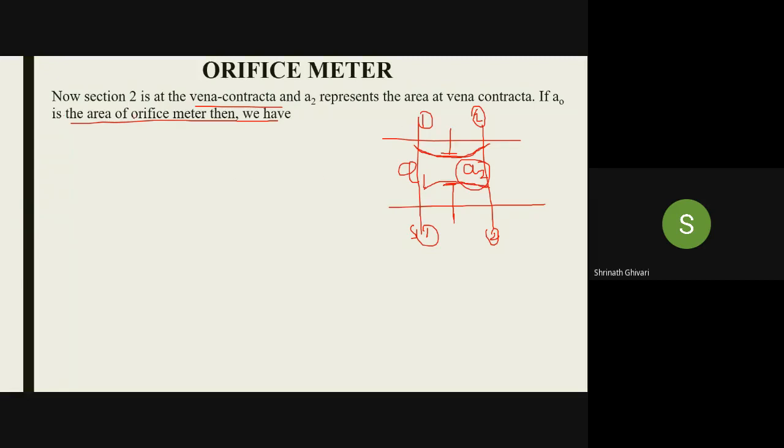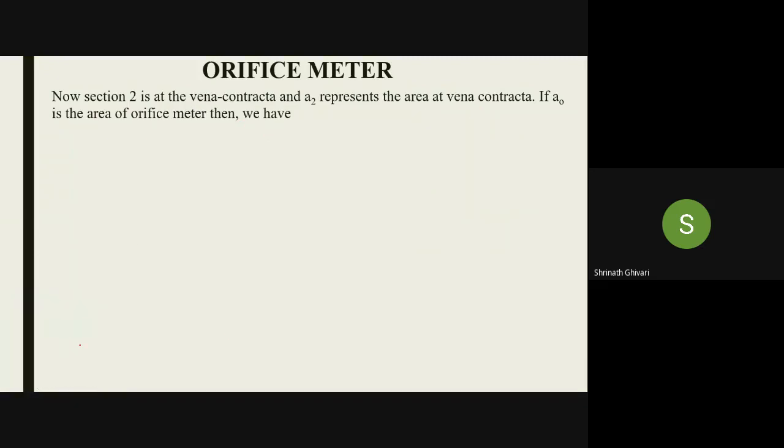If A0 is the area of the orifice meter, then we have Cc equal to A2 by A0. Cc means coefficient of contraction. So A2 is the area after the orifice and A0 is the area of the orifice meter. The ratio of these is nothing but the coefficient of contraction.